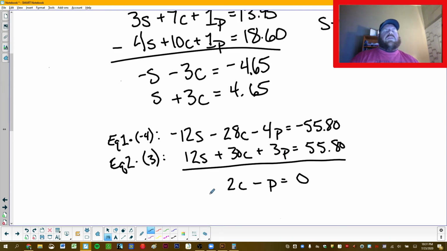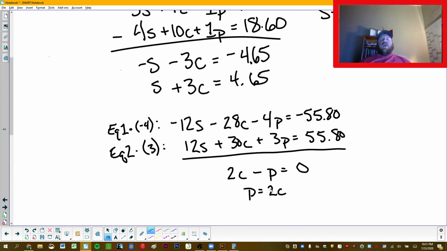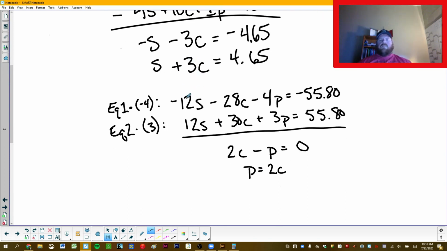That almost seems unhelpful, except that I now know 1 piece of pie costs the same amount as 2 cups of coffee. Solving this equation for P, I guess. That's a big piece of information. In fact, I can use that right up here. This is a very tricky problem because of this one trick.